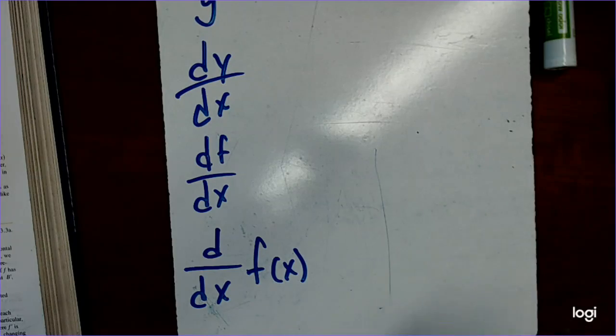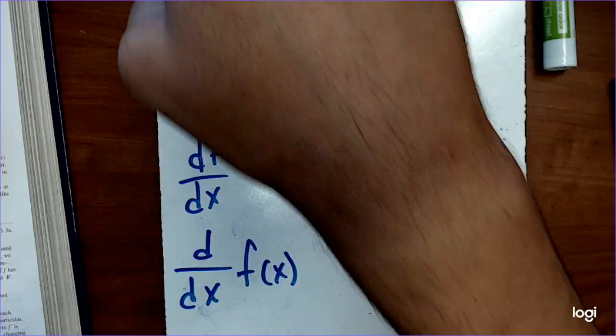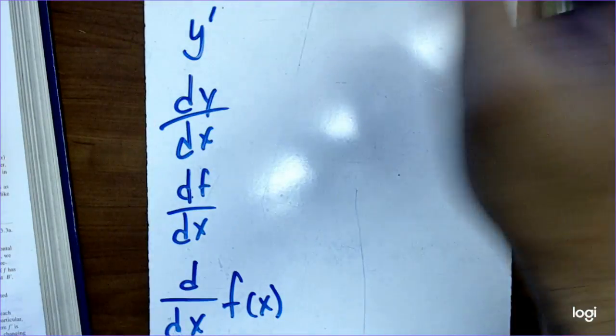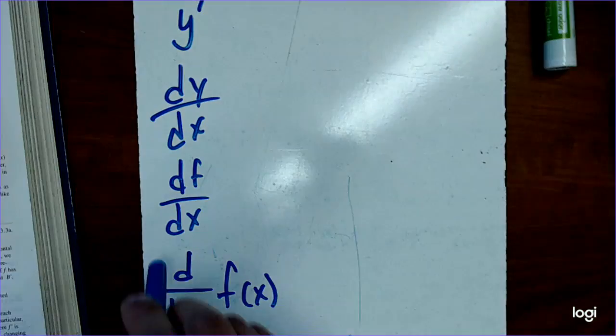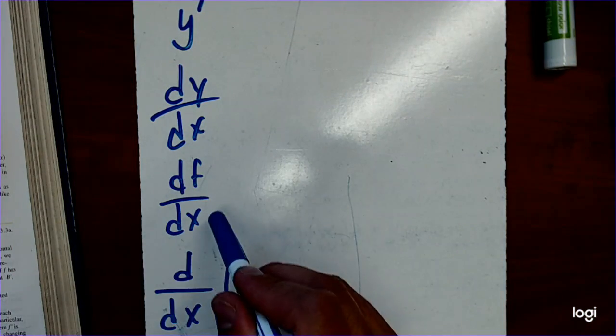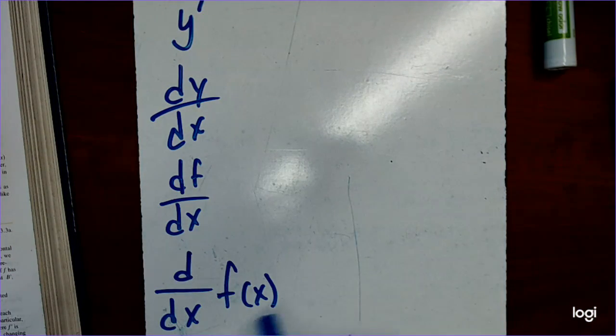It's like a weird mashup of all of them. More or less, it's like the unmultiplied version of this times this. So df dx is like this multiplied or simplified. Instead of saying d dx of f of x, I can just say df dx.